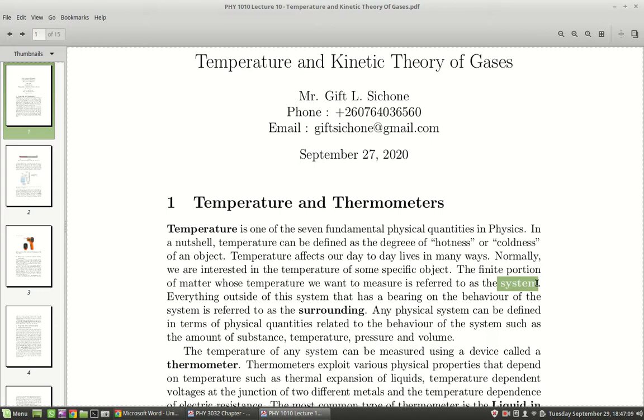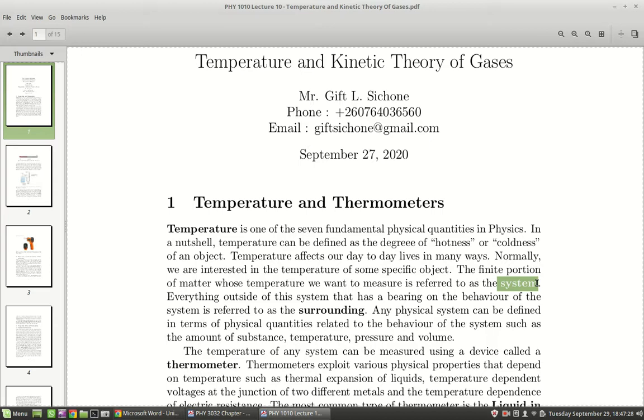In thermodynamics, there will be some thermodynamics which will come after this, but right from the word go, you should understand that when we are discussing temperatures and the use of thermometers, you are interested in the temperature of some specific objects.